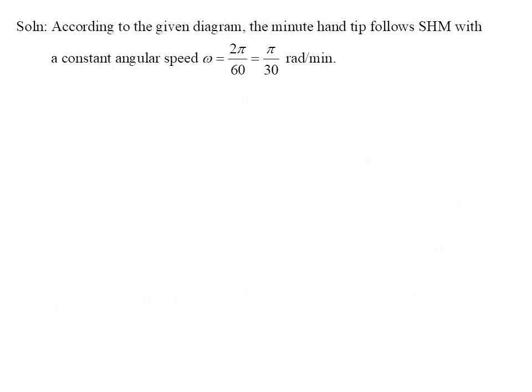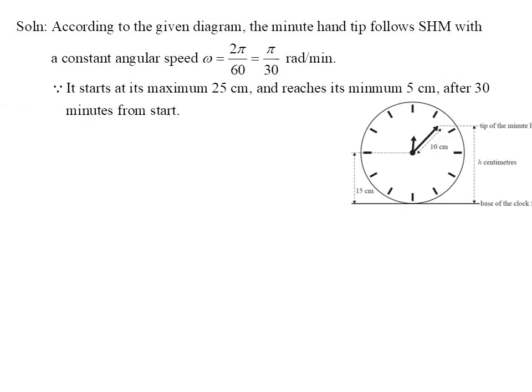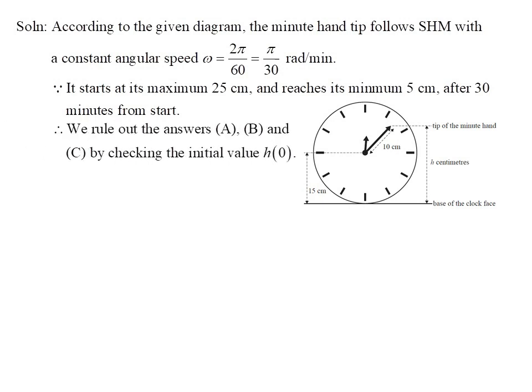Based on the given diagram, the minute hand tip follows simple harmonic motion with a constant angular speed, omega equals 2 pi over 60, which can be simplified to pi over 30 radian per minute. As for function h of t, since it starts at its maximum 25 cm and reaches its minimum 5 cm after 30 minutes from start, we may rule out the choices A, B, and C by checking its initial value.